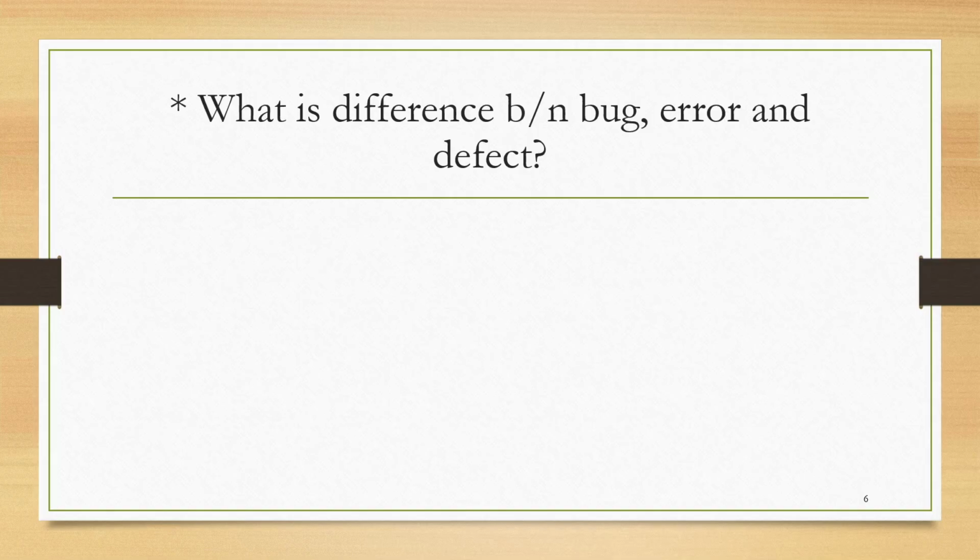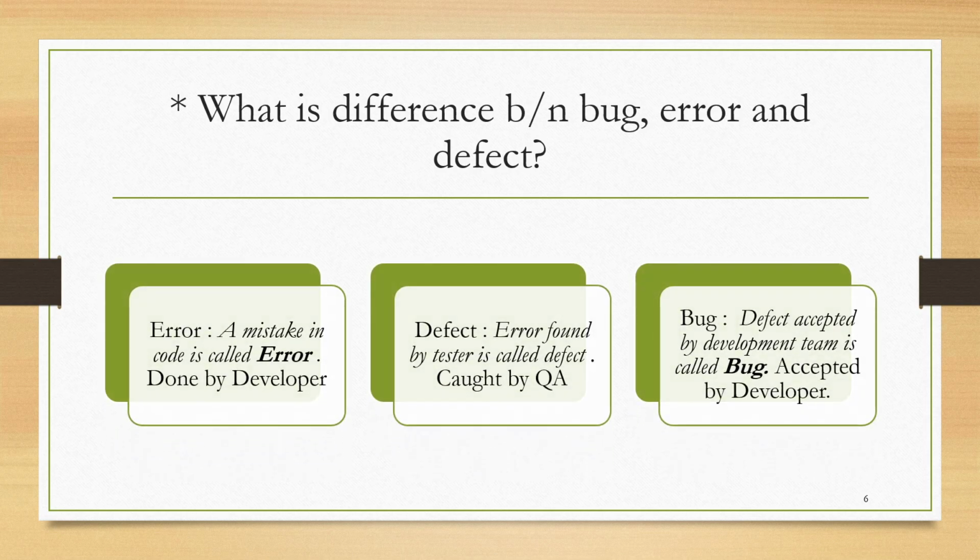The next question was a very tricky one: what is the difference between bug, error, and defect? When it was asked, I was confused like hell. So I will mention it in a simple way so that you will remember it after watching this video. What is an error? An error is any mistake in the code. When a developer makes a mistake in the code, it is called an error. What is a defect? When that error is found by the tester while testing, it is known as a defect.